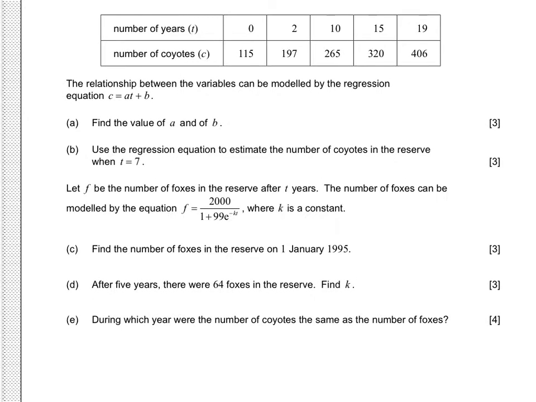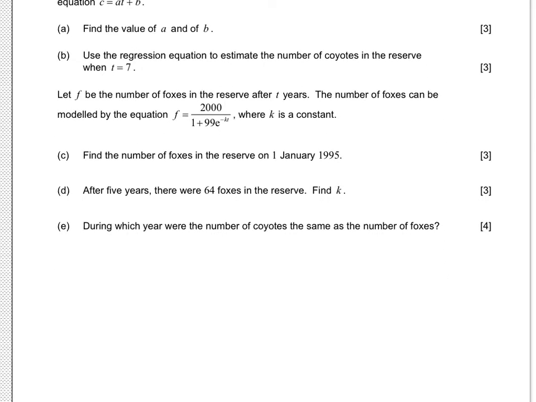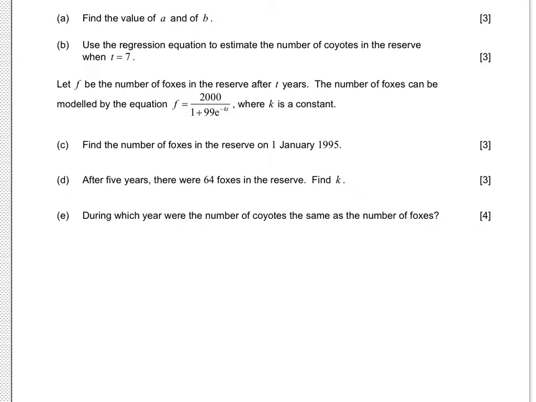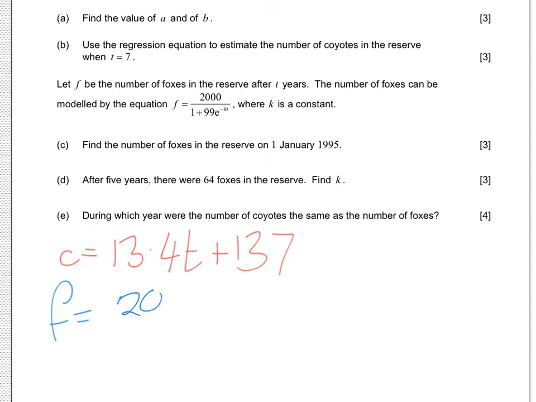So I've got a regression equation from part A, which is c equals 13.4t plus 137, where c is the number of coyotes, and then we've also got f is 2000 over 1 plus 99e to the minus 0.237t.